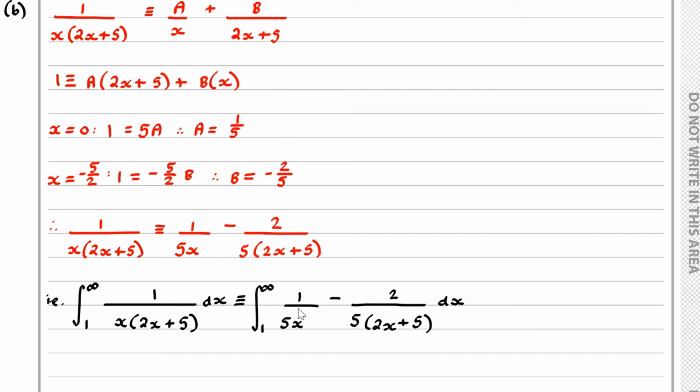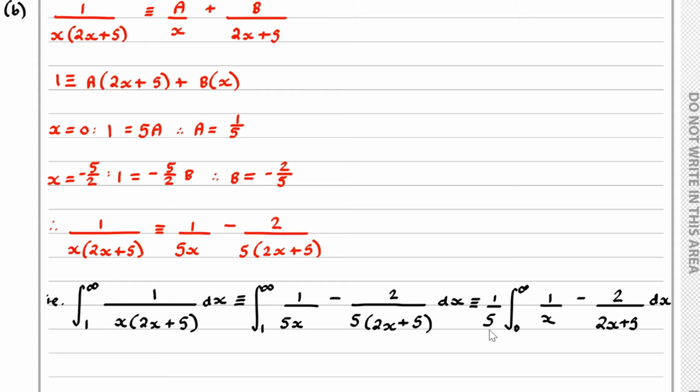This integral is equivalent to the integral from 1 to infinity of 1 over 5x minus 2 over 5 lots of 2x plus 5 with respect to x. And at this point, we can factorize out a 1/5. So we've got 1/5 lots of the integral from 0 to infinity of 1 over x minus 2 over 2x plus 5 with respect to x.